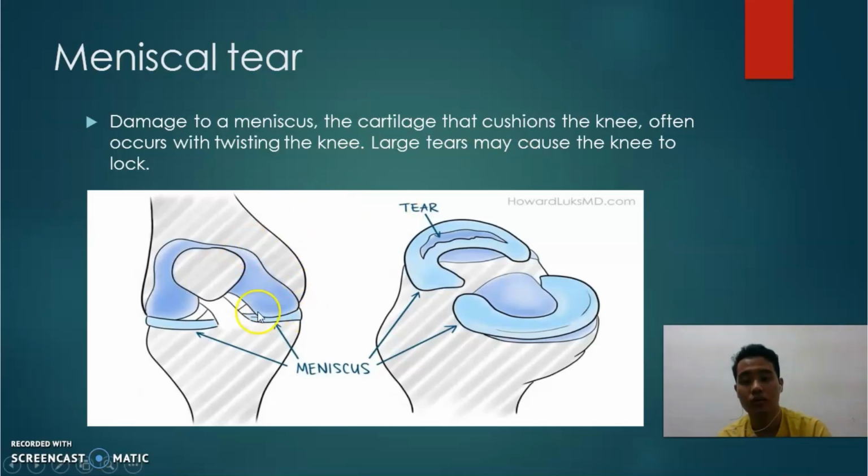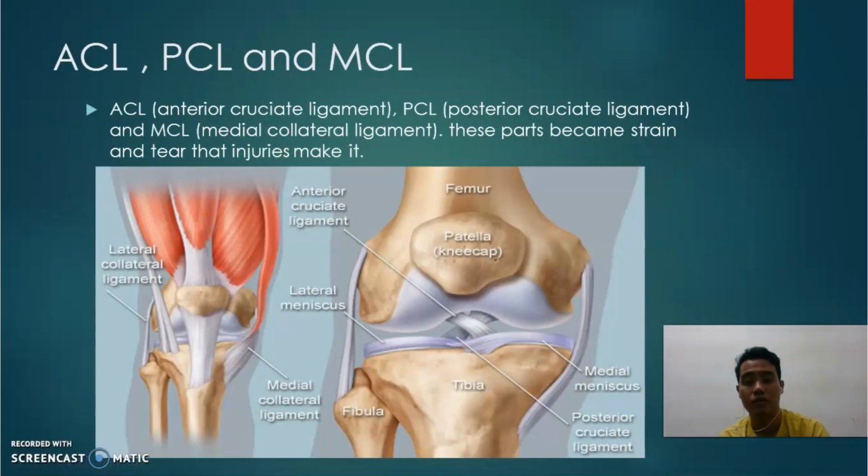You can see that this is a meniscus. So the meniscus gets torn inside. You can see in the image that the meniscus is torn, which causes the meniscal tear.